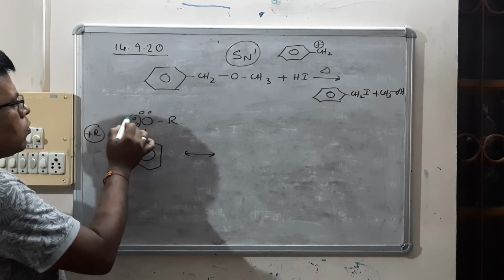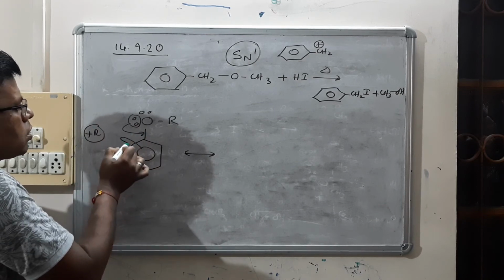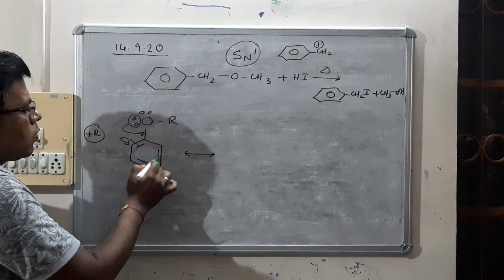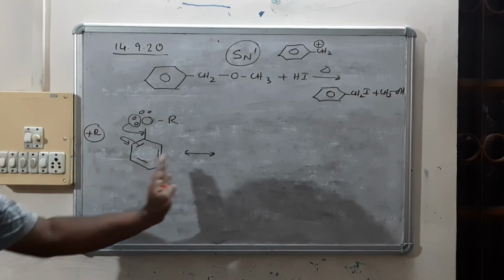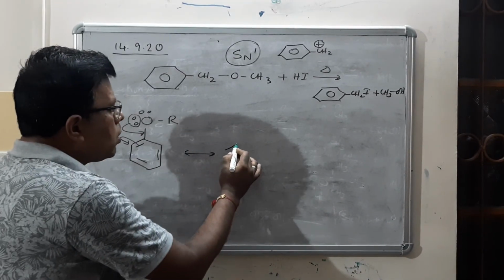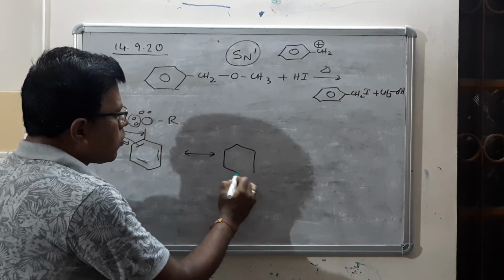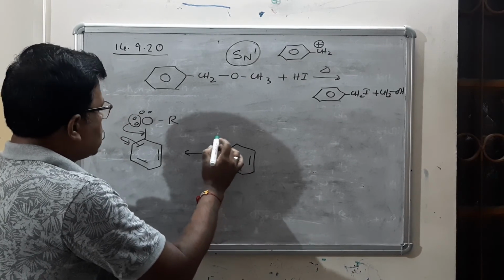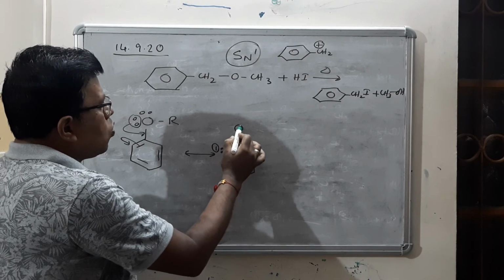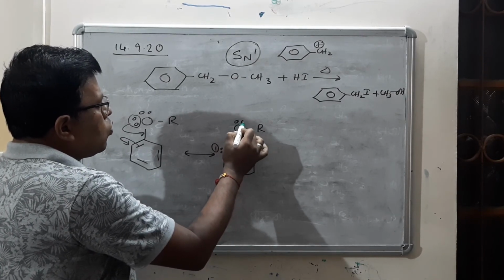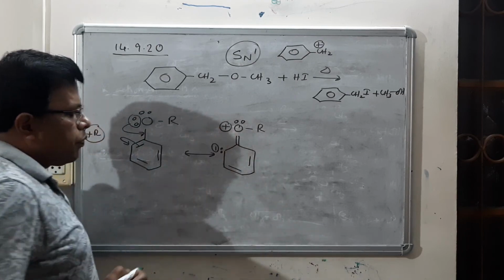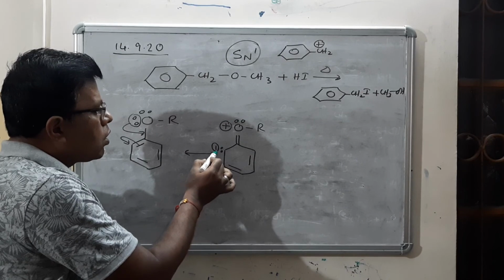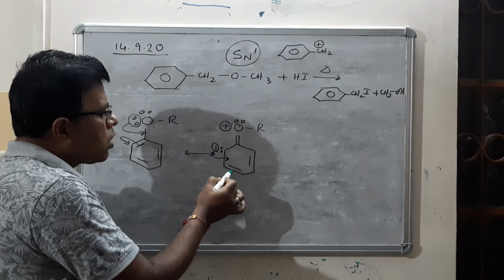Plus R effect, this lone pair coming here, and this bond will shift. So the contributing structures will be like this. The two electrons here, negative charge here, double bond, O here, R here, one lone pair, O plus. So this is the structure that will result, and in the same way the next structure, this bond will come here.